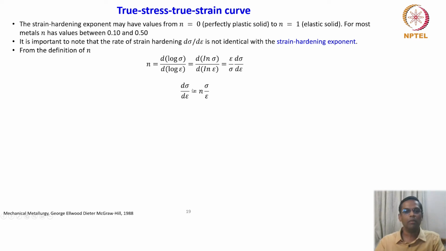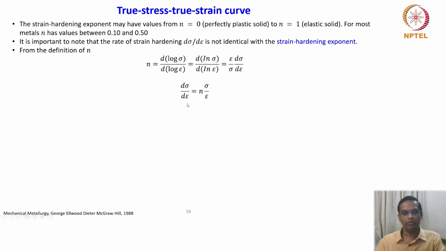So d sigma by d epsilon is equal to n times sigma by epsilon. So that is what is written here. The strain hardening rate d sigma by d epsilon is not identical with the strain hardening exponent. So they are very different.